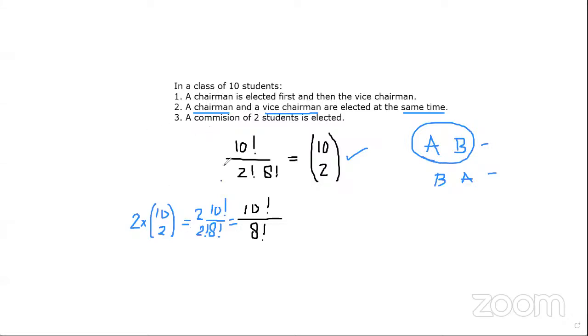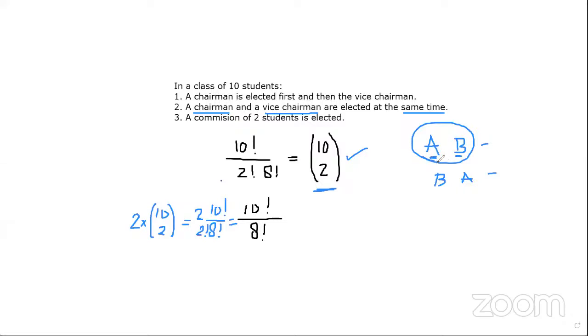Okay, number 3. Again, number 2 looks like a combination at first instance, but then you have to check, because they are different, whether one is chairman or the other is vice chairman.